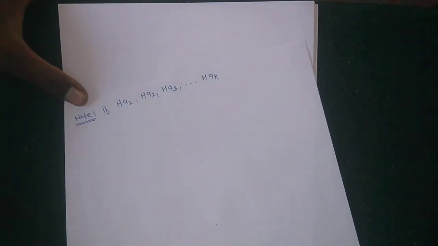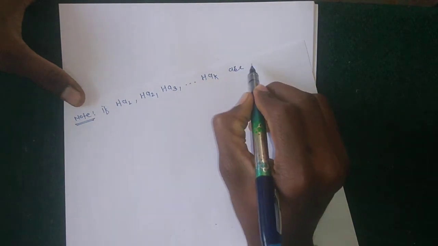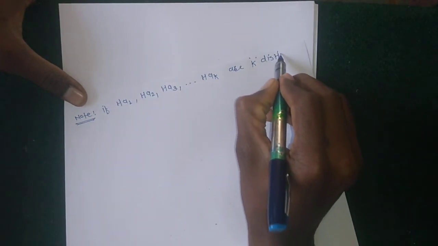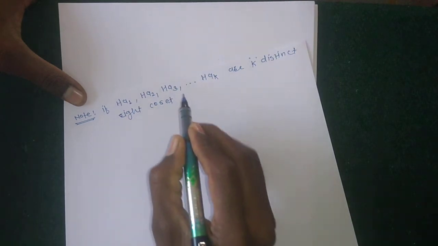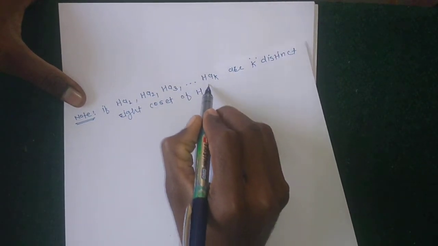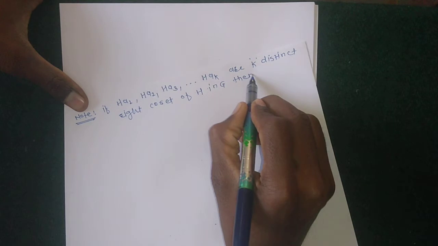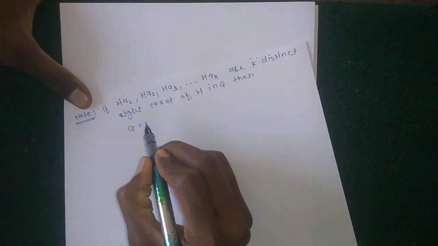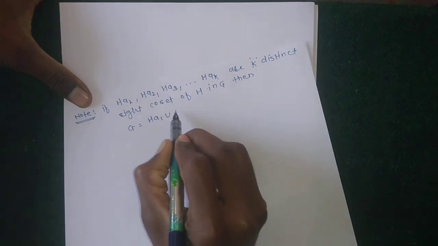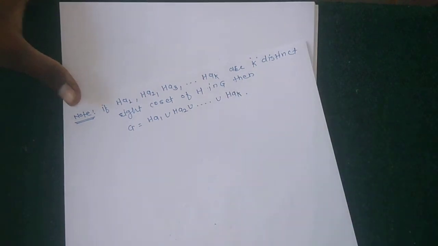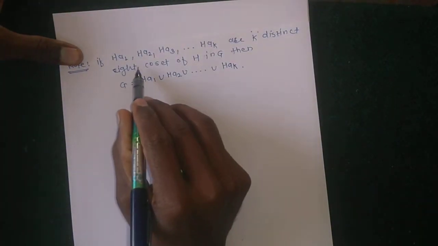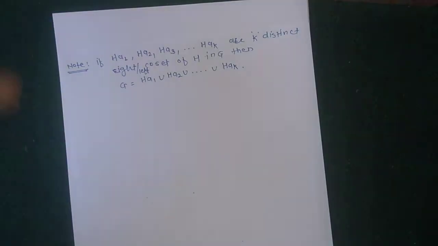If Ha1, Ha2, up to Hak are k distinct right cosets of H in G, then G equals the union of these k distinct cosets: Ha1 union Ha2 union and so on up to Hak.